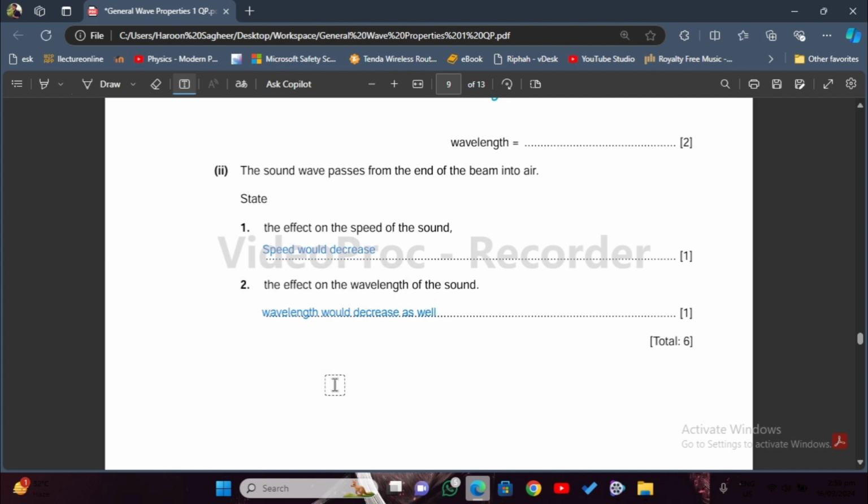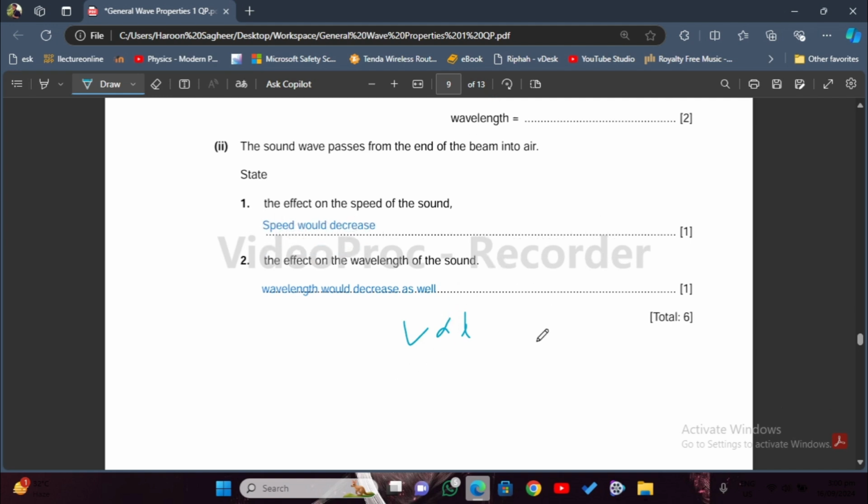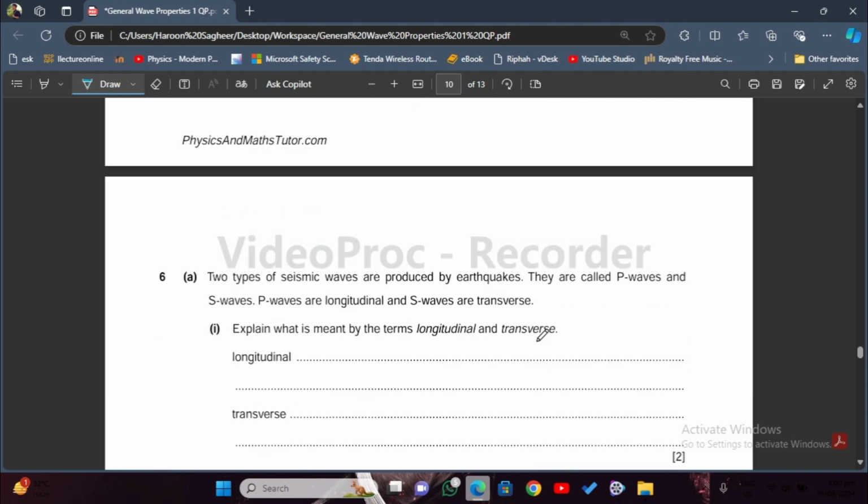If you remember, I've told you already that speed and wavelength are directly proportional, and sound, or the wave, is faster in a dense region, whereas air is a rare region. It's less dense than at least water.